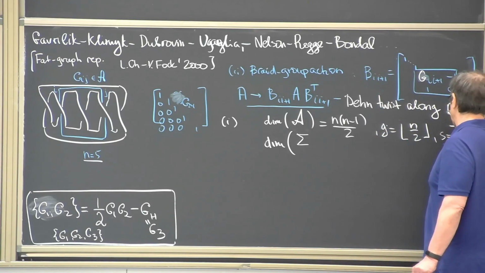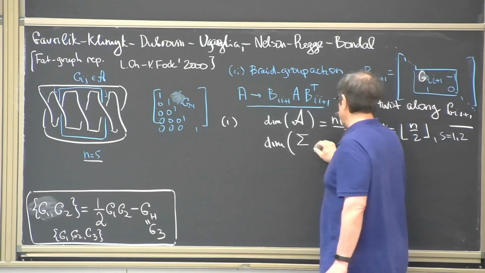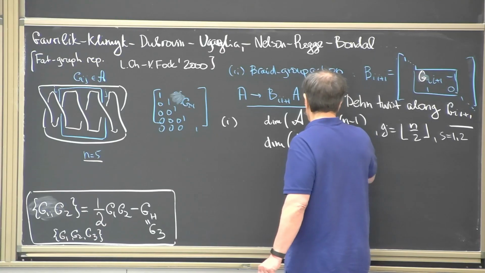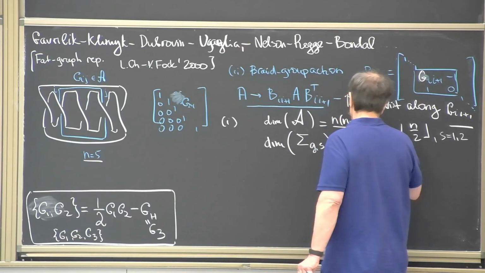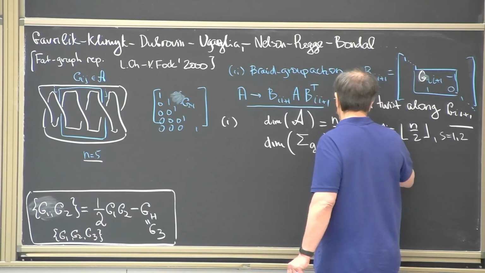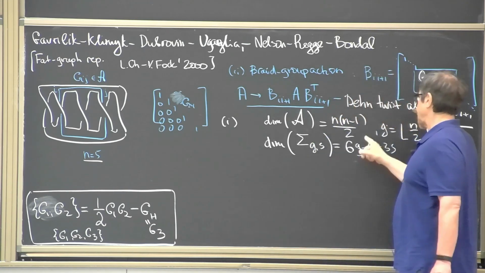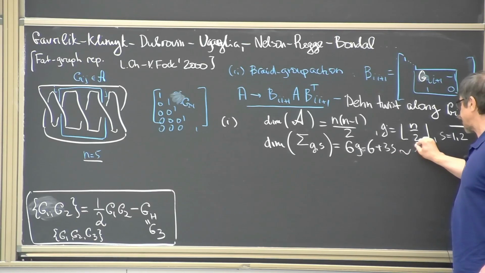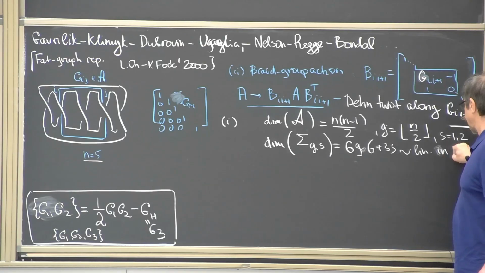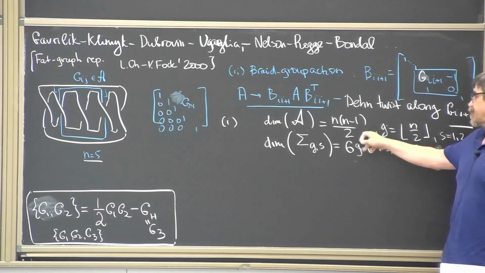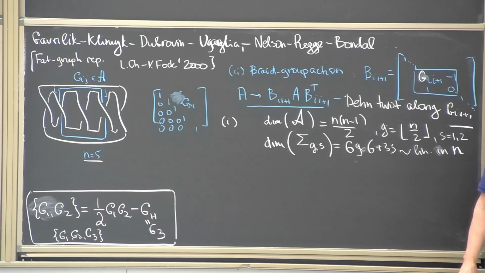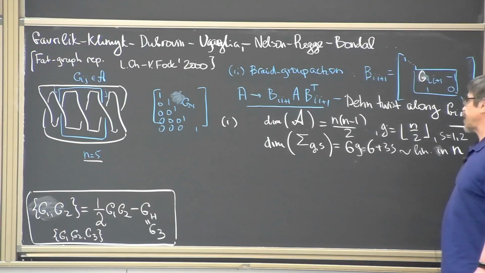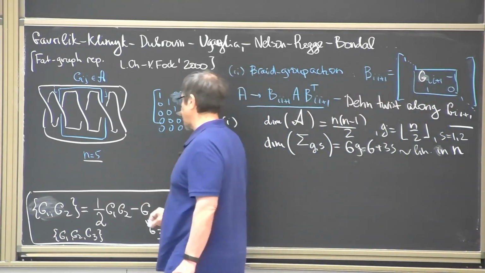The real dimension is 6g minus 6 plus 3s. Obviously this increases as a linear function in n, and this increases as a quadratic function.